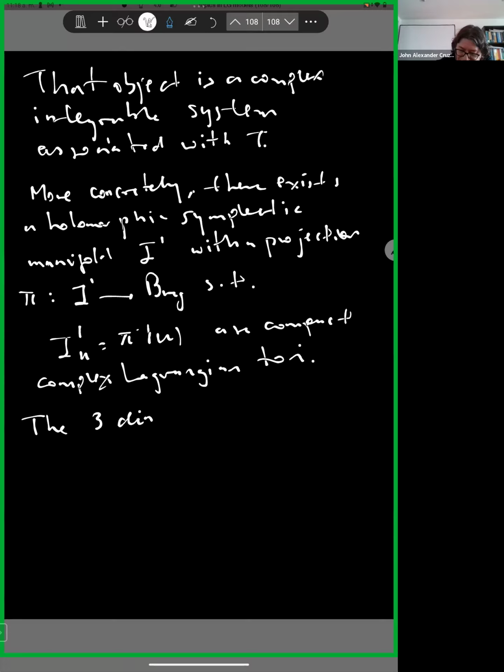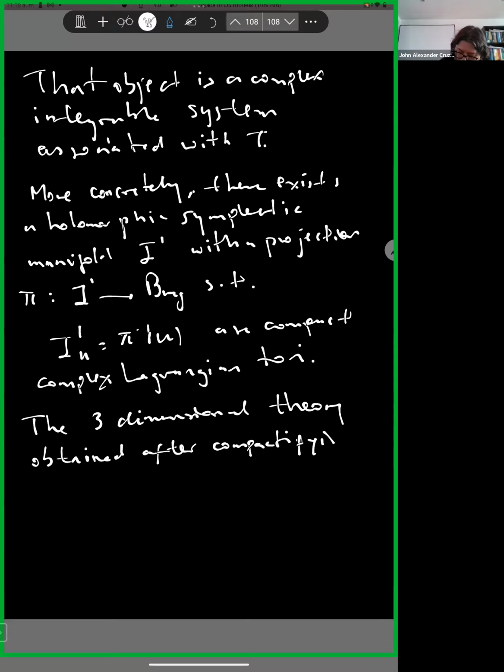In the three-dimensional theory, we will obtain a sigma model on S1, right?